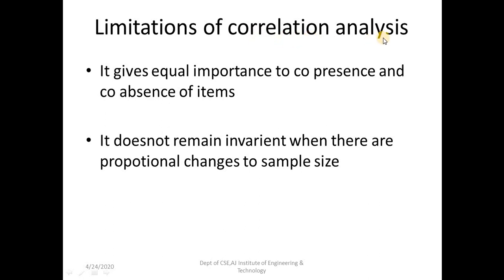Limitations of correlation analysis: it gives equal importance to co-presence and co-absence of items, that is, to both presence and absence of items. This is a limitation of correlation analysis.